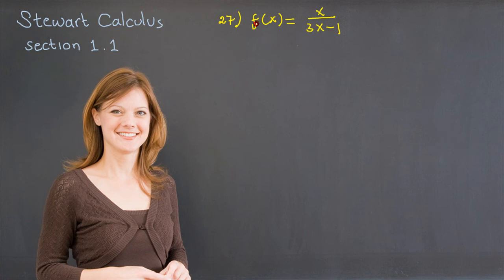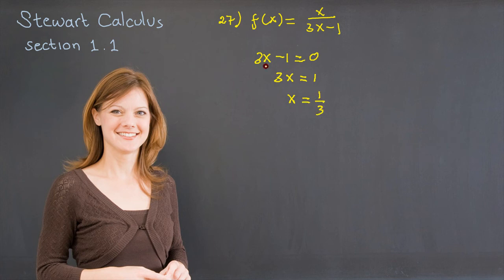So f of x does not make sense when 3x minus 1 equals 0. Actually, we don't want 3x minus 1 equal to 0, but we want to pinpoint for which x this happens. So 3x equals 1, therefore x is 1/3.